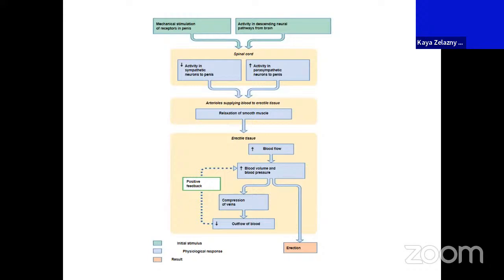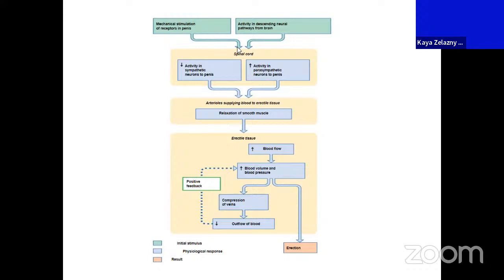So the result of blocking off the veins is that all that blood that's flowing into the penis is not flowing back into your circulatory system. It's getting stuck there, basically, which is part of what maintains the erection, that kind of pressure of blood on the walls of the erectile tissue. Okay. So that is the full physiological process for what's going on during erection.